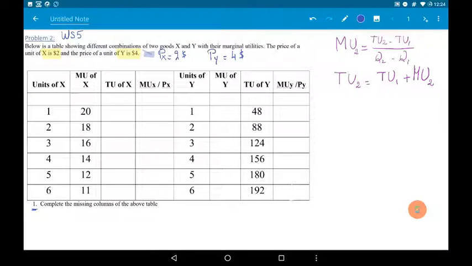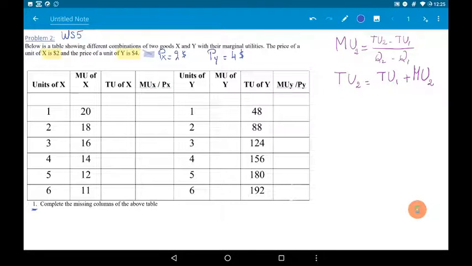The empty columns are total utility of X and marginal utility per price, per dollar, for X. Also, we have quantity of Y, 1, 2, 3 till 6. We have an empty column of marginal utility. It's empty. We need to fill it up.